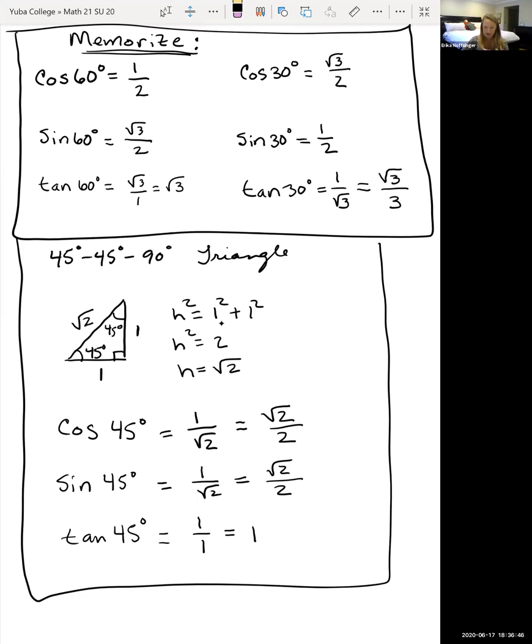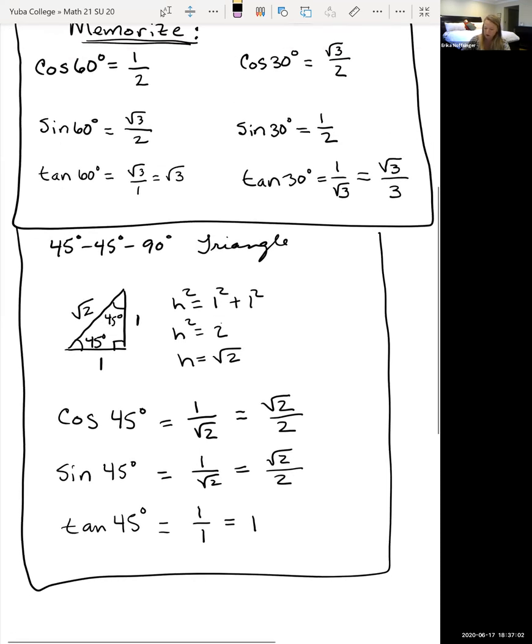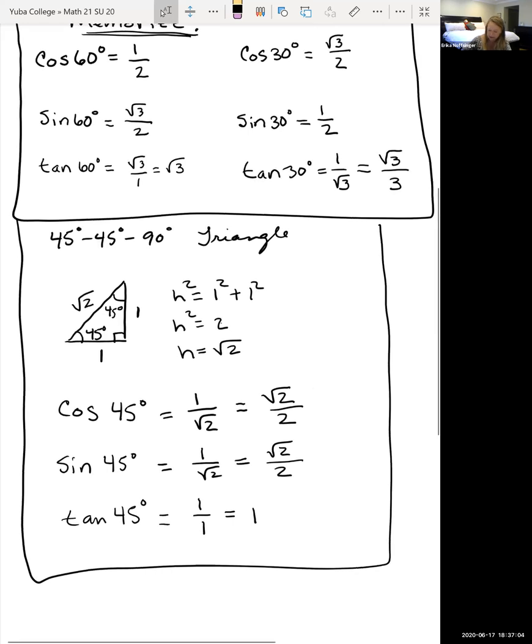Not only should you know these in terms of degrees, 30, 45, and 60 degrees, you should also recognize these in terms of radians. So recall how to convert degrees to radians.